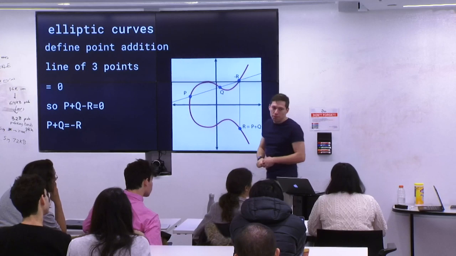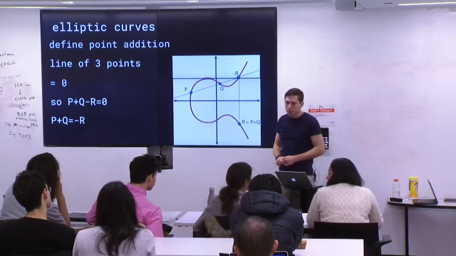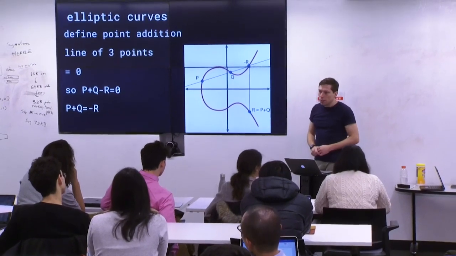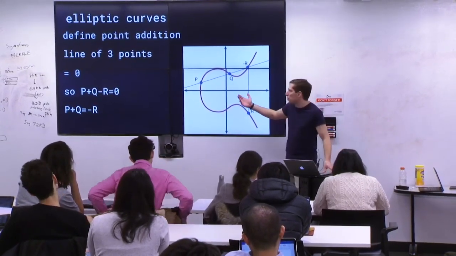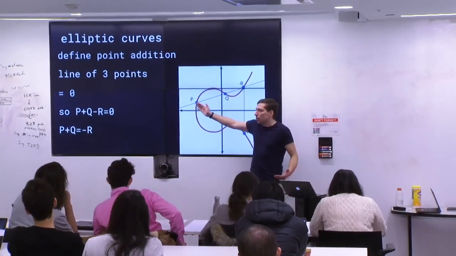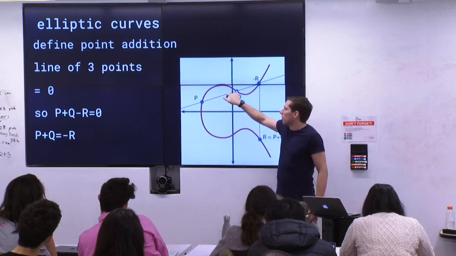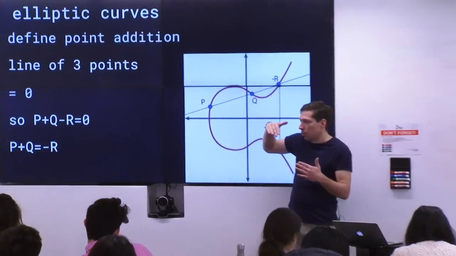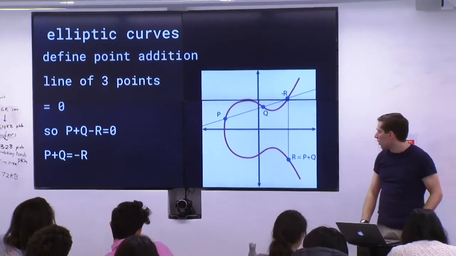Addition is literally defined as computing that point. It is not a function of adding the x and y coordinates. Gotcha. The computer doesn't actually look at the curve, so you find the P x and y coordinate, find the Q x and y coordinate, find the slope, find where it intersects, and then compute R.